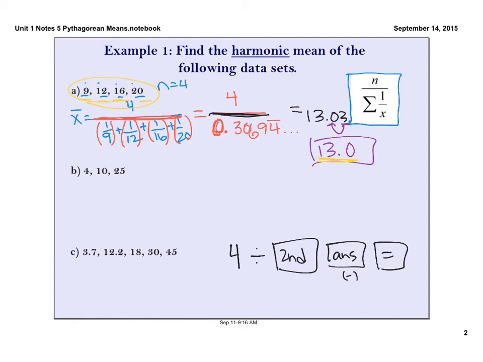Okay, so then the next thing is, let's take a look at part B. I have an n of 3, so my mean is going to look like this. I have 3 divided by 1 over 4 plus 1 over 10 plus 1 over 25.